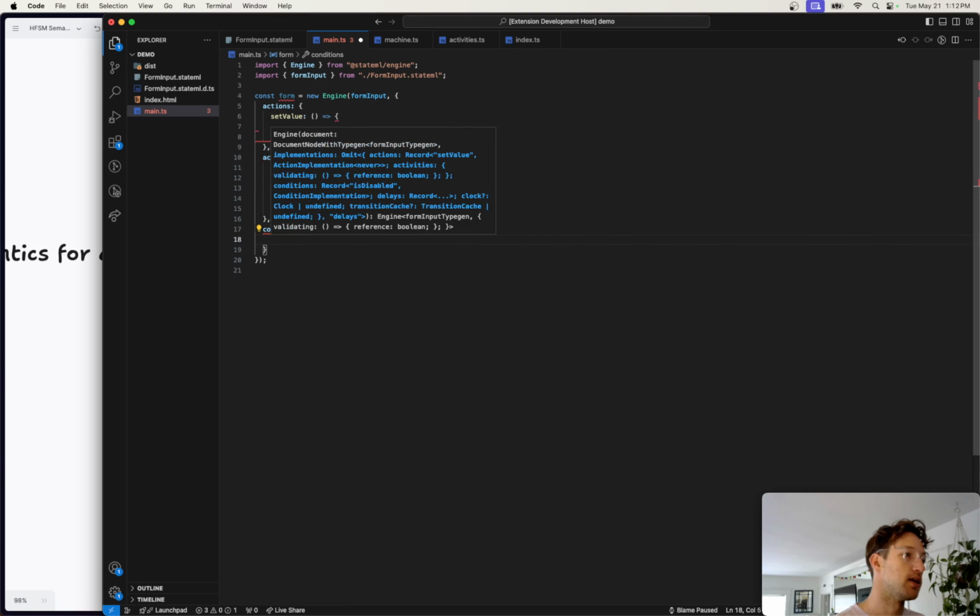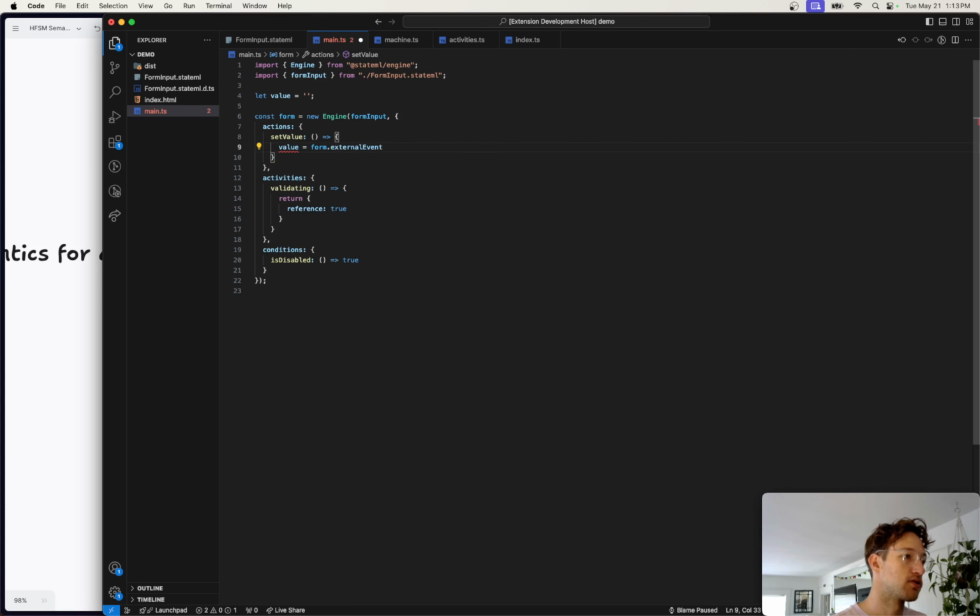We're going to have a variable called form, and we're going to do value equals form dot external event dot value. Maybe this could be undefined, but maybe we have some kind of value here. And then maybe we disable the form when value.length equals 0.